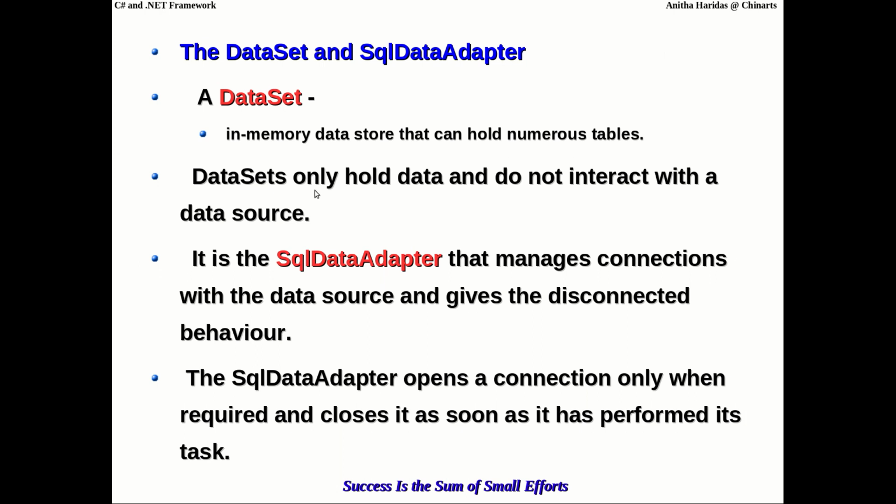The data set only holds the data and it will not interact directly with the data source. It is the SQL data adapter that manages the connections with the data source, and it gives the disconnected behavior. The SQL data adapter opens a connection only when required, and it closes it as soon as it has performed the SQL operations. That is the interesting part of having SQL data adapter in your .NET application.